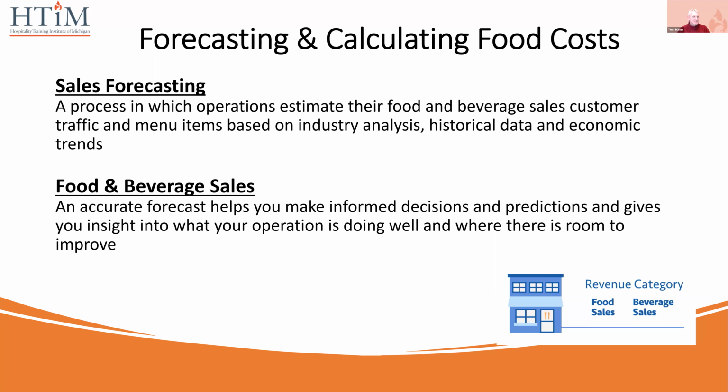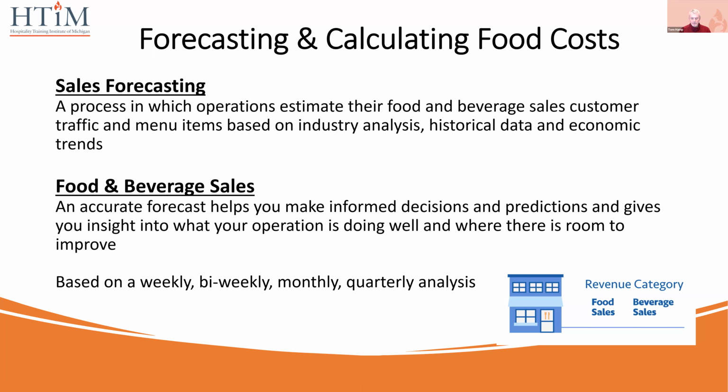So again, it's not the end of the world, but it certainly puts a thought in someone's mind that you've ordered something, and especially if it's something that's pretty regularly ordered on your menu. And then it can be based weekly, bi-weekly, every 2 weeks, on a monthly basis, quarterly analysis, that type of thing.